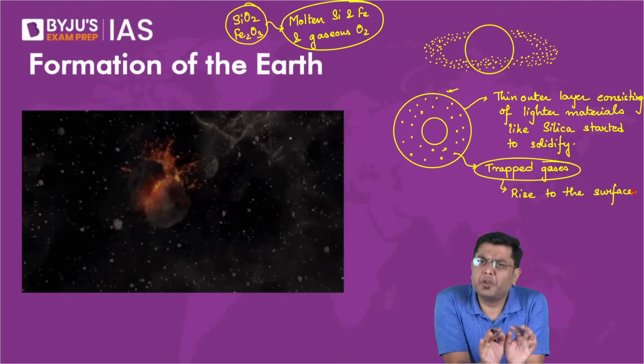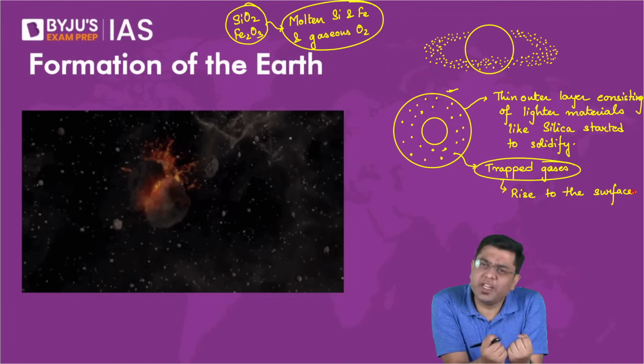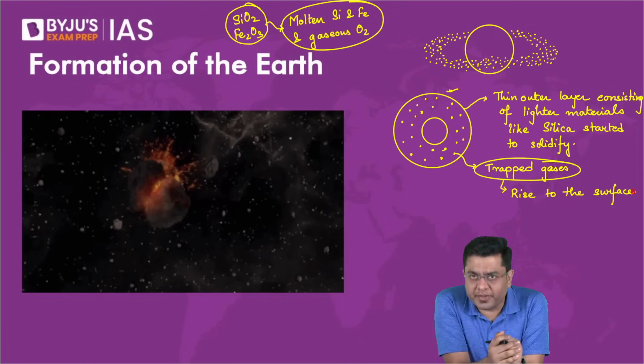And because the outer surface was not very hard, they could easily break through the surface. And that is how eventually you had volcanic eruptions. Hundreds, thousands, millions, billions, and trillions of volcanic eruptions. They rocked the entire planet because the surface was so very weak.